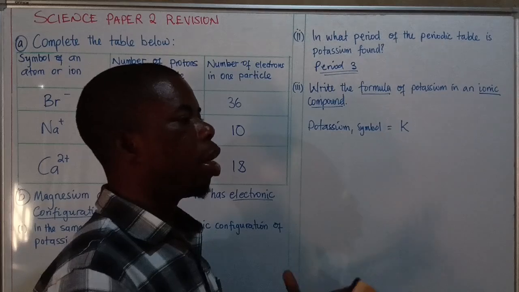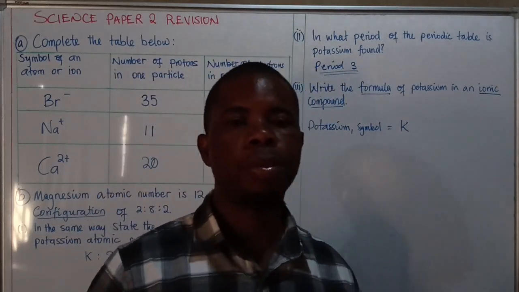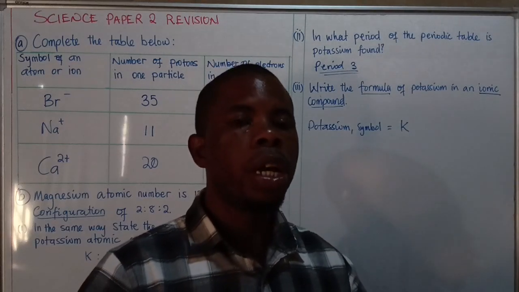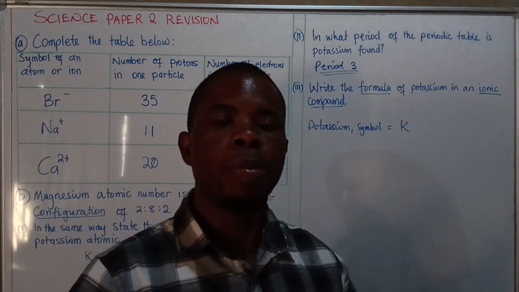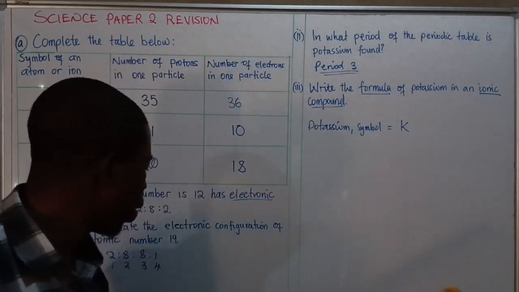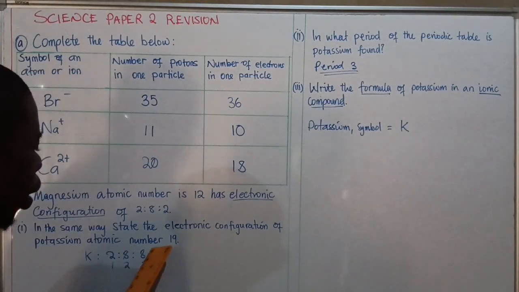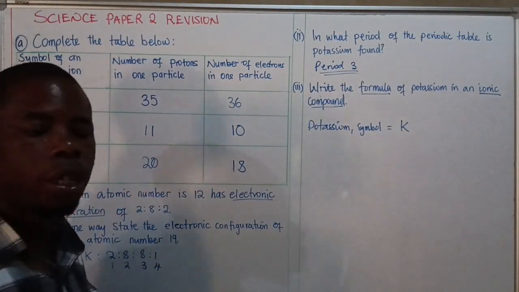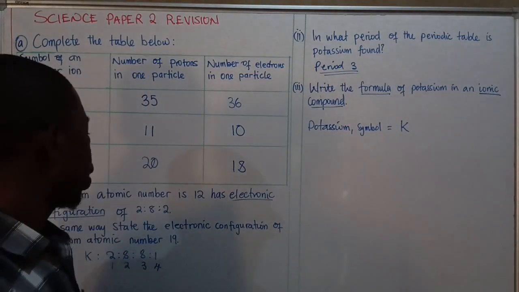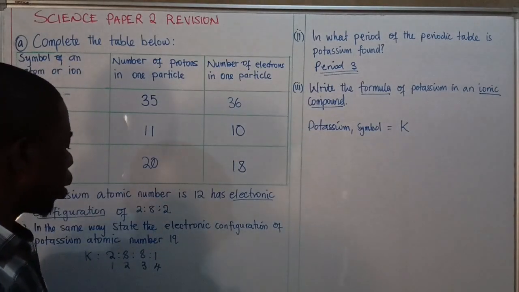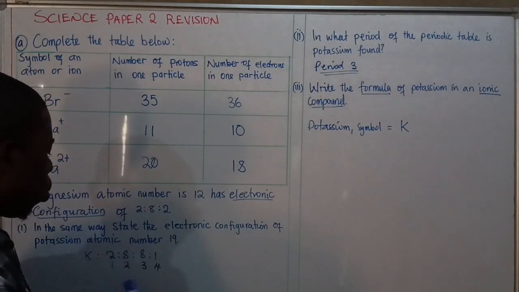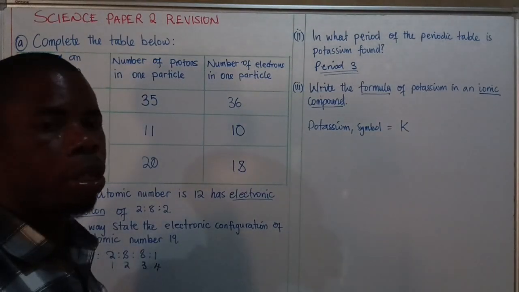What does it mean to form compounds that are stable? If a shell has not accommodated the maximum number of electrons required, like in this case, the last shell, shell number 4, is accommodating 1 electron. It's supposed to have 8 or more, but it has 1. Such a shell makes this atom of potassium not stable.